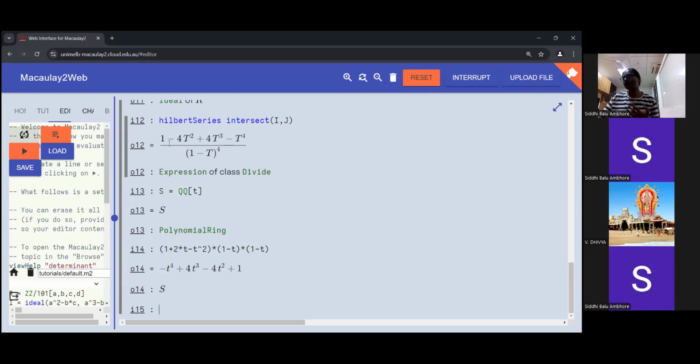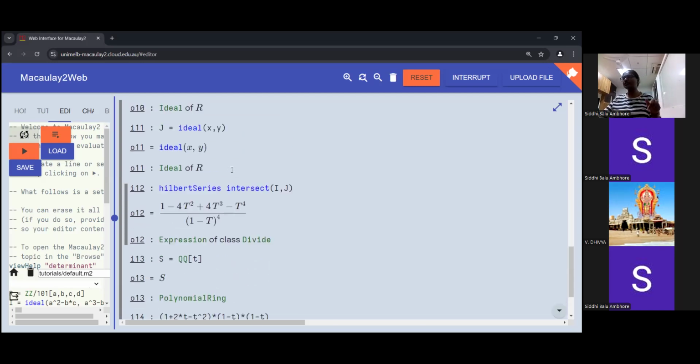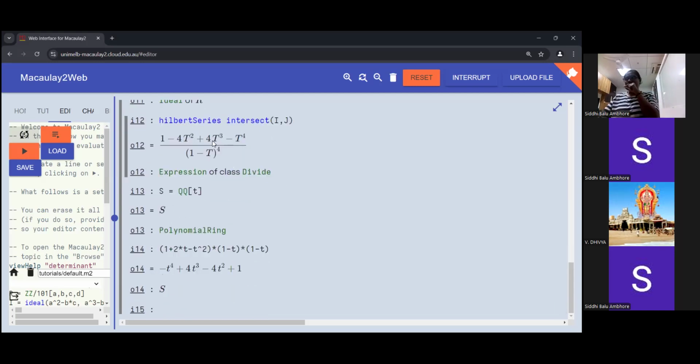So this polynomial 1 minus 4t square plus 4t cube minus t power 4 is exactly the polynomial which we obtained. So the question was just a simplification of what was given. So yes, it is true, and the expressions given are exactly the same.